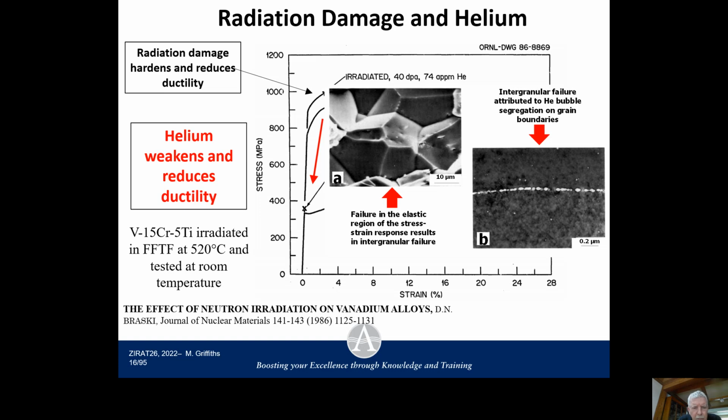But when you have helium present, and Brasky was looking at different levels of helium, 74 there, but 300 here, if there's sufficient amounts of helium, what you can get is a drastic reduction in the strength of the material and a further reduction in ductility because of the helium.